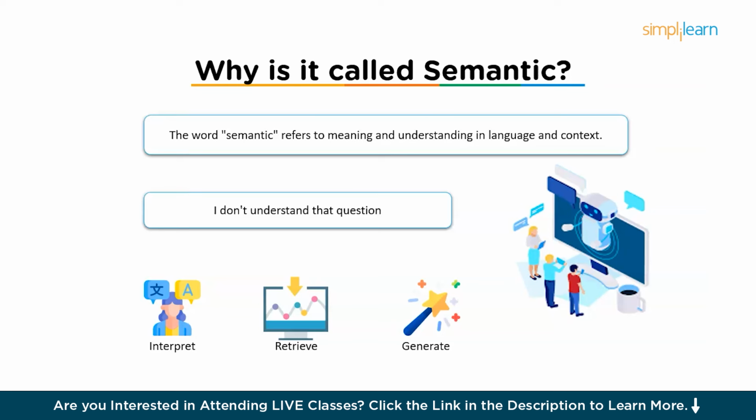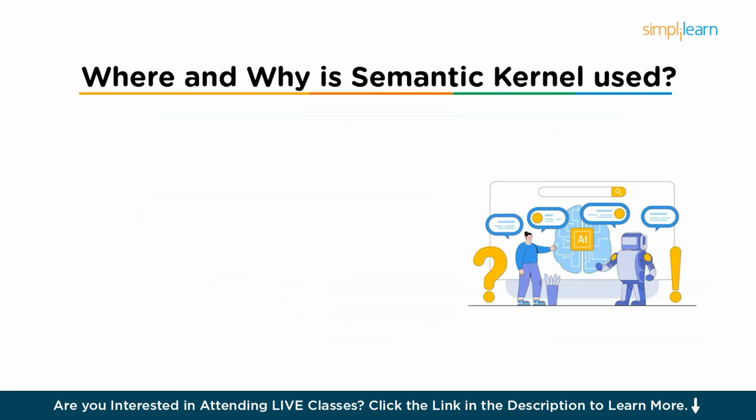Now let us understand where and why Semantic Kernel is used. It is widely used in AI-driven applications, especially where context-aware reasoning, decision-making, and automation are required. So here's where it shines. The first is AI-powered personal assistants.